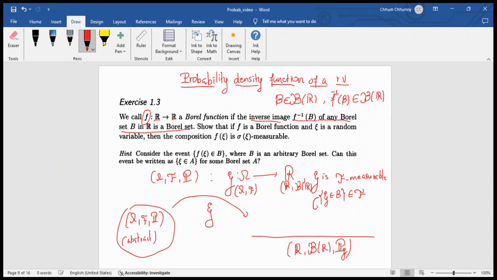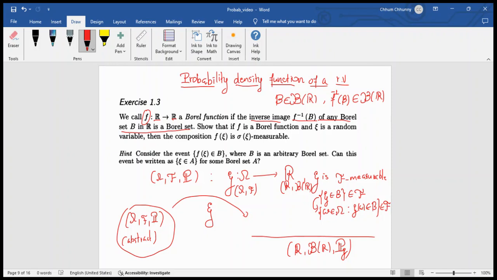The full form is that the set of small omega, an element of big Omega, that satisfy psi of small omega belongs to B, this whole set belongs to F. This is the full form.